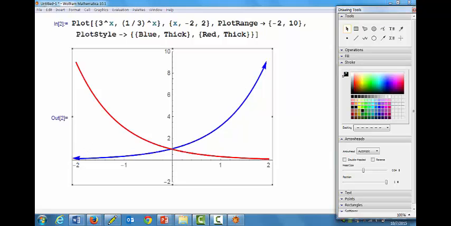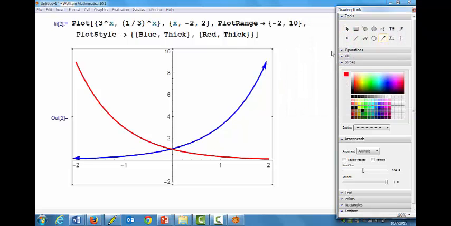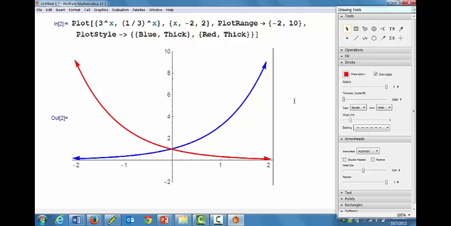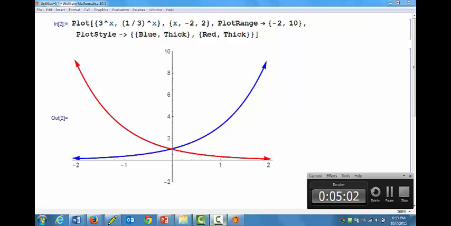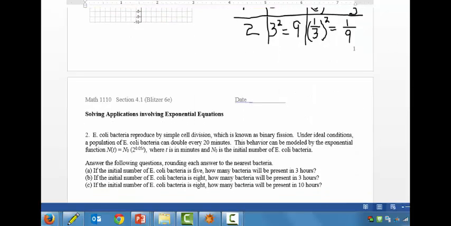Alright, so I'm also going to do that for g. Put a red arrow at each end. Change the color to red. Select the arrow tool. Oops, and it changed back to blue. I'll change that to red. And I'll also put the arrow on the bottom of g's graph. And just as we knew, these are nice smooth curves. And notice how much better those look than my drawing.